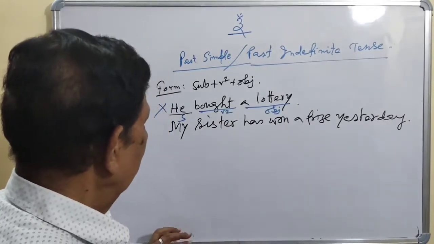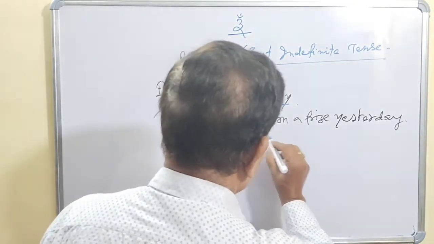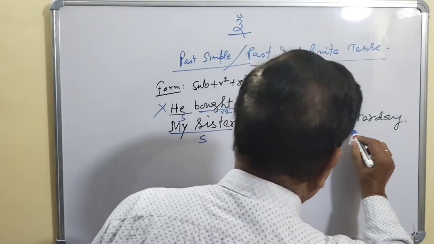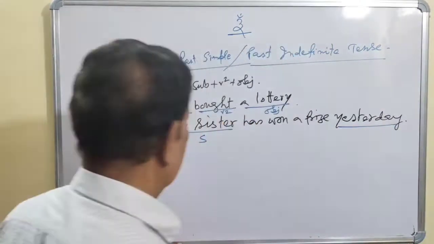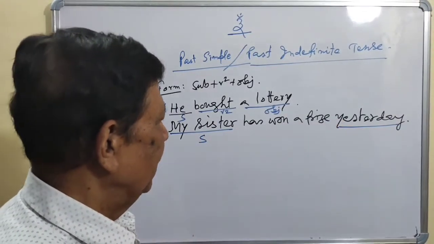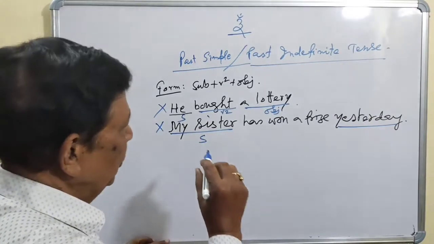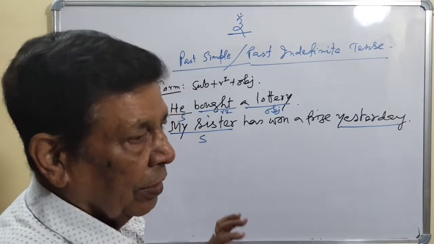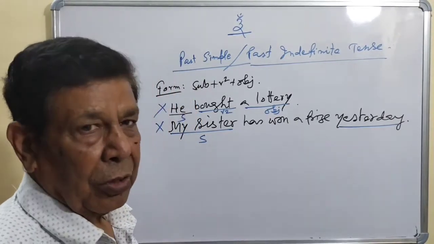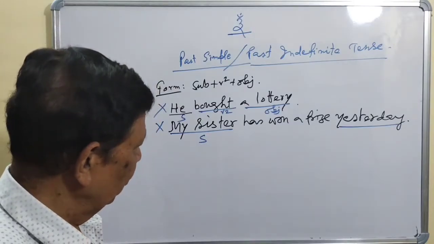In the same way, my sister has won a prize yesterday. This sentence too is not a correct sentence. Now your question should be, why are they not correct sentences?